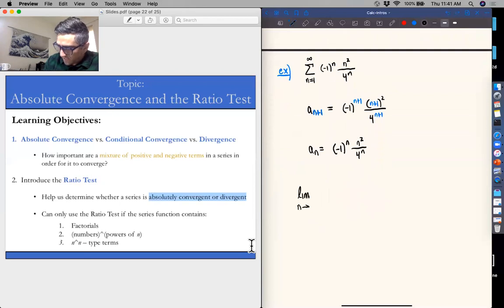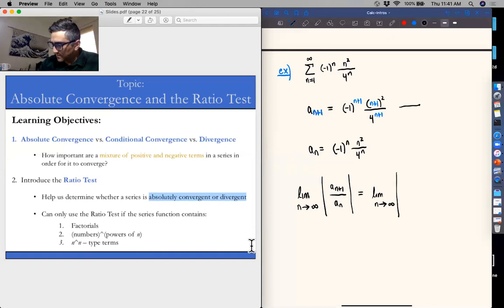So the limit as n goes to infinity in absolute values of a sub n plus 1 divided by a sub n equals the limit as n goes to infinity in absolute values of the n plus first term, so negative 1 to the n plus 1 times n plus 1 squared all over 4 to the n plus 1, all divided by the nth term of the series, the term sitting inside of our original series, negative 1 to the n times n squared all over 4 to the n.